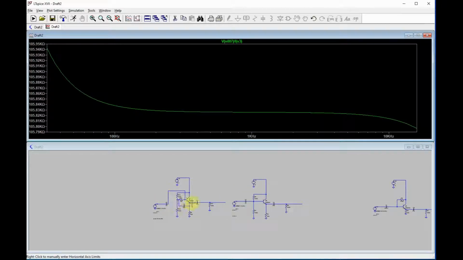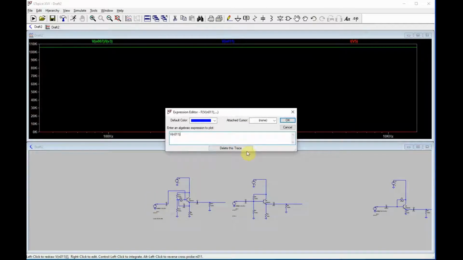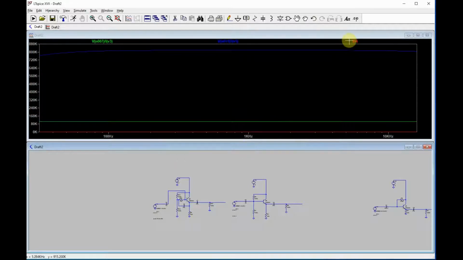Now here, we're feeding that signal back to here. Let's see what we get with that. Now that is the voltage. Here's the current. Divide the two. Get rid of this. Wow, look at that.